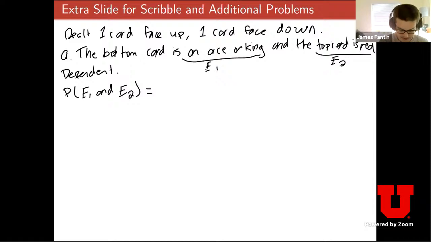Right, should know this. If we have 2 dependent events, there's 2 ways we can write this probability. Does someone want to give me one that might make the most sense here?